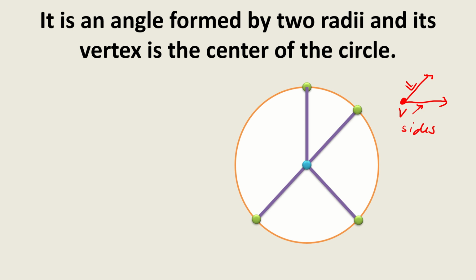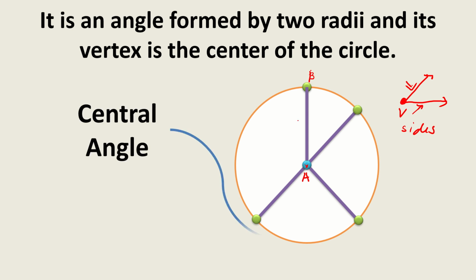Now, itong angle daw na to, ang vertex niya ay yung center ng circle. Ito yung center. Then, ang sides niya ay two radii of the circle. Now, in this, ano yung tawag dito sa angle na to? So, this is called a central angle.